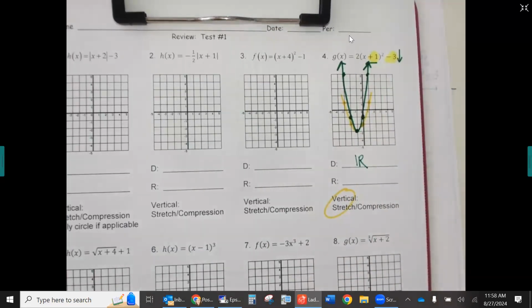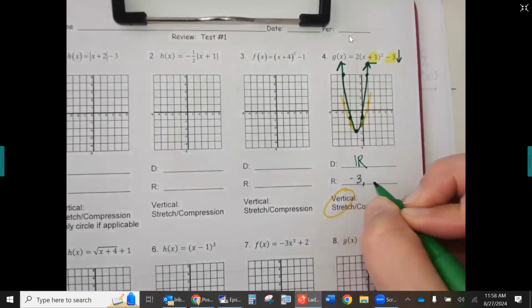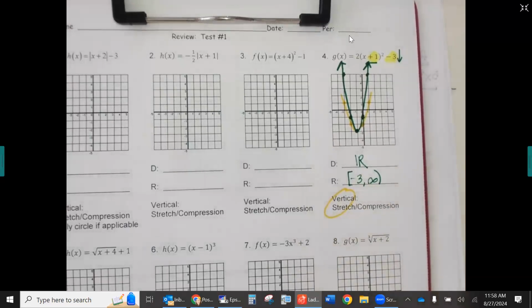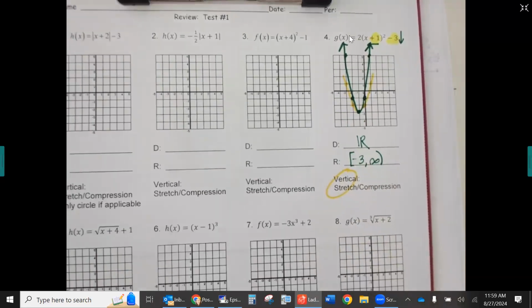And how high does it go? Infinity. So -3 to infinity. Then remember, -3, you give it a box bracket, because it actually does hit -3, but infinity, you can't actually get to it, so you'd put a parentheses there. Okay, let's do one more.